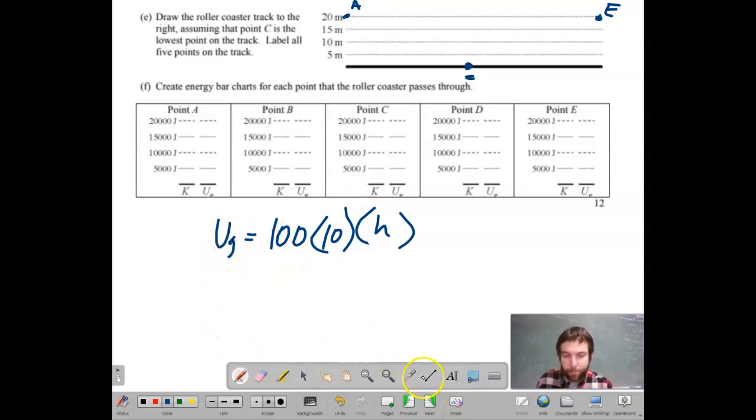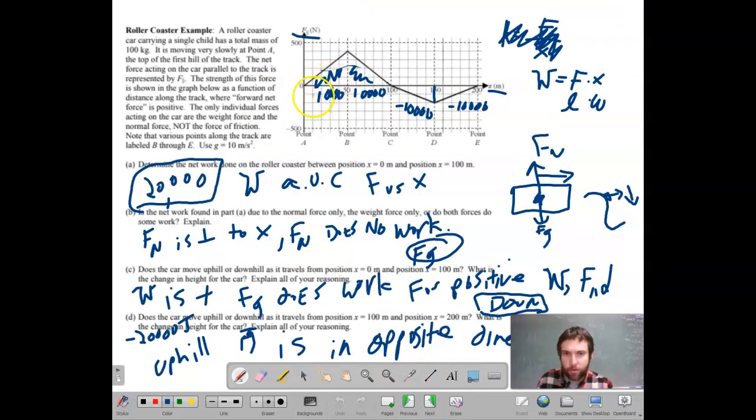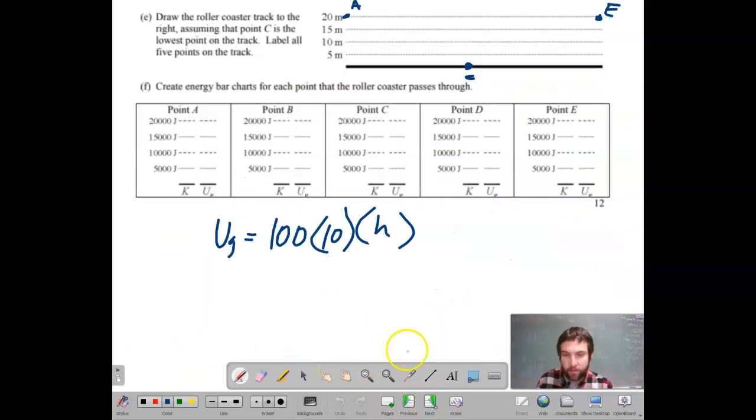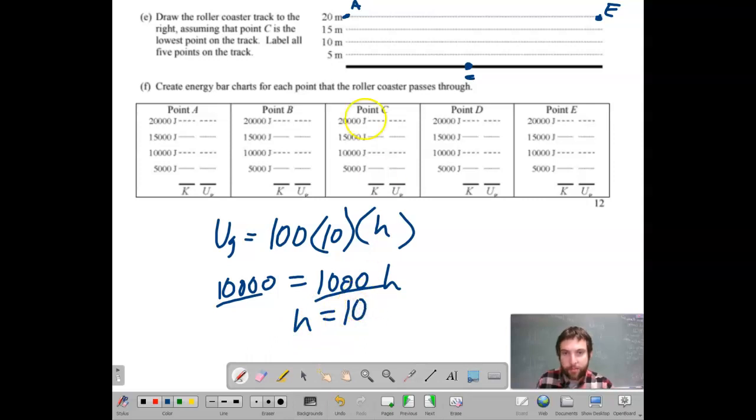For the part from A to B, how much work was done? 10,000 joules. All of that was equal to the gravitational potential energy. So 10,000 equals 100 times 10, which is 1,000, times h. So h equals 10 meters. There's point B. And then point D, somewhere over here.